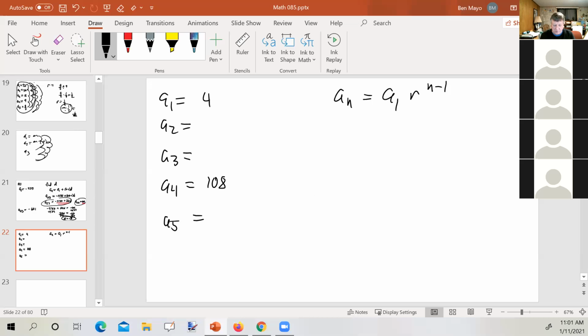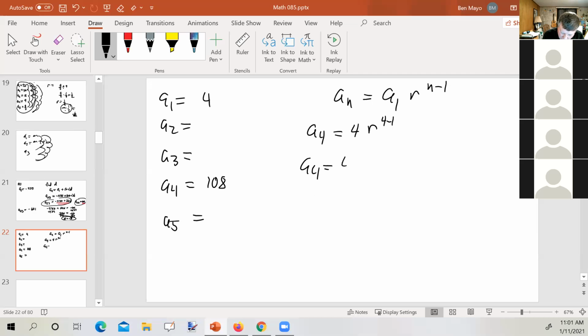All right. So the first term is 4. The fourth term is 108. We need to find the first 5 terms. We're going to do something very similar to what we did a minute ago, but now it's with geometric sequences. So I know that a sub 4 is a sub 1 times r to the 4 minus 1 power.